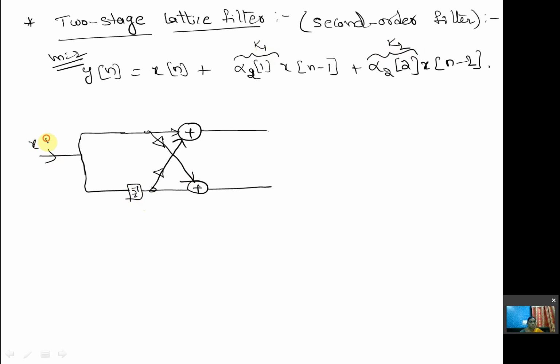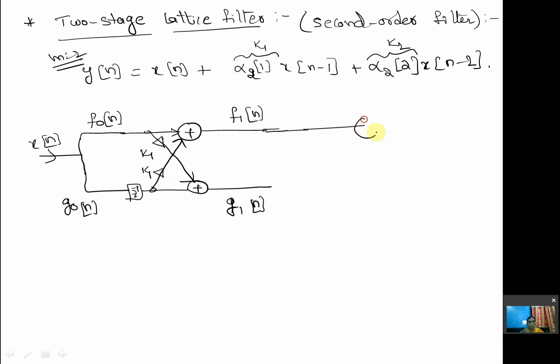So here this is x of n. Now here this is f naught of n and this is g naught of n, and here is k1, k1. Now here you can get f1 of n, and here is g1 of n.